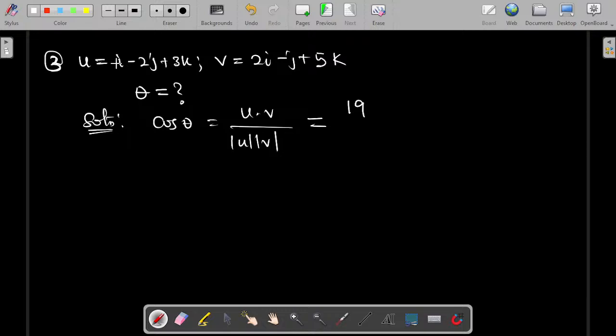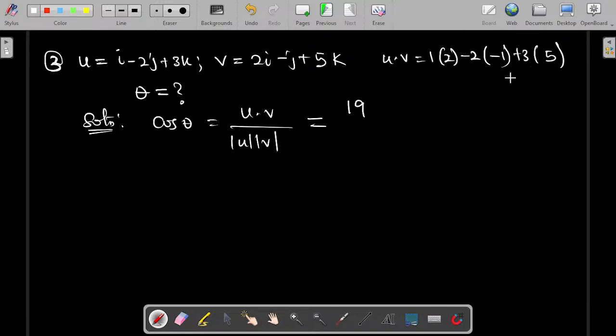Maybe Rita, you are not really seeing this very well. Sorry about that. This is i. The coefficient of i here is 1, so our u dot v should be 1 times 2. Then the coefficient of j here is minus 2, and here is minus 1. And then here is 3k, and k in the second one is 5.